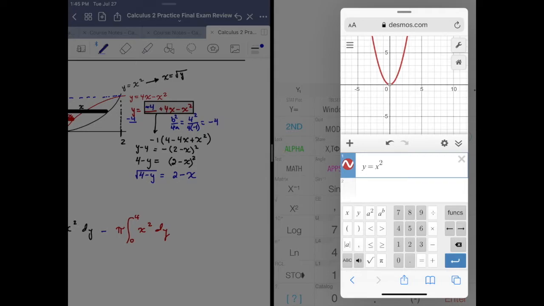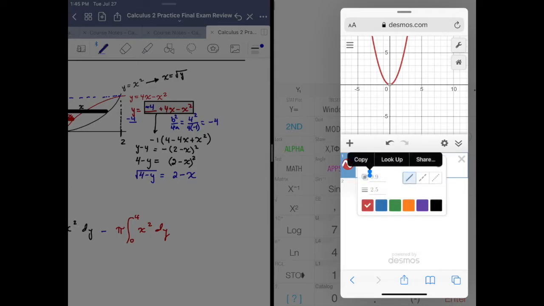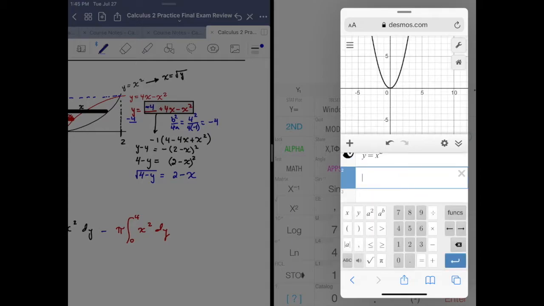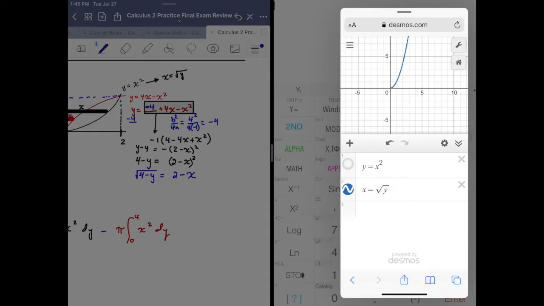I drew it in black, so I'll make it black on my screen here. Now, x equals the square root of y. Again, I only care about the part of this that's in the first quadrant. So x is equal to the square root of y. We just verify that it's giving me the appropriate piece.